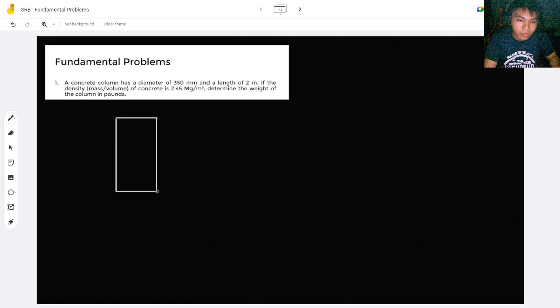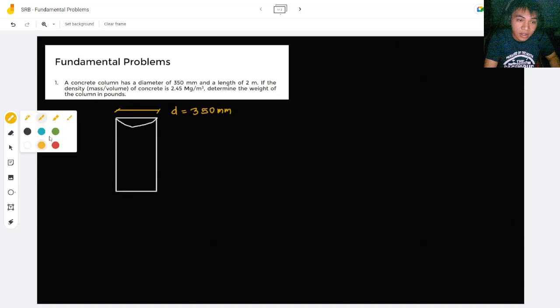Okay, so let me make a rough cylinder here. It has a diameter of 350 millimeters, and it has a length of 2 meters.